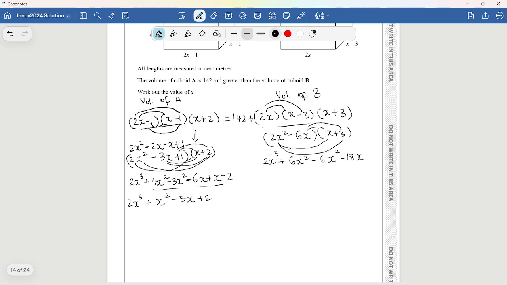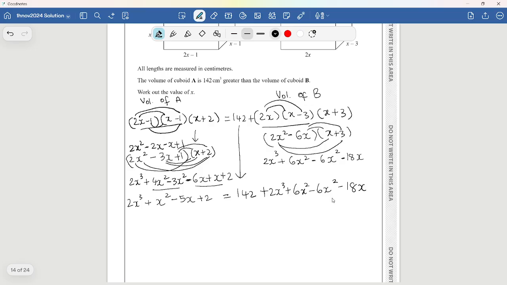So let me recheck if I did it all right. So 2x cubed, 2 times 3 is 6x squared, minus 6x squared, and 3 is, yeah, that's right. So I will write this down here now. That is equal to, now I'm taking this 142 and plus 2x cubed plus 6x squared minus 6x squared minus 18x.